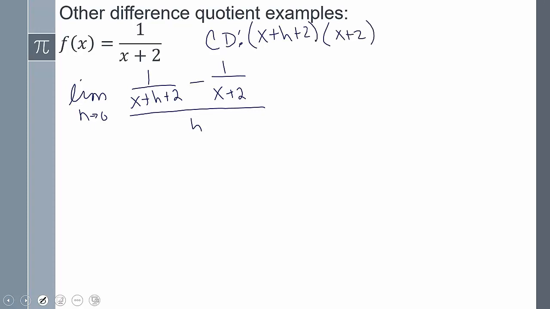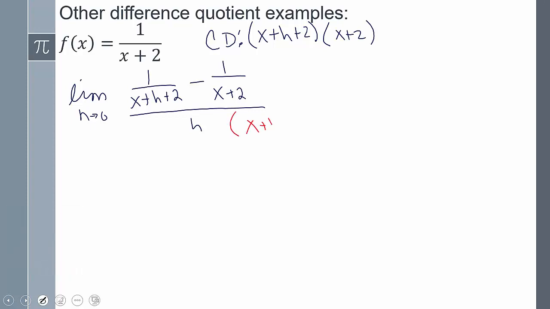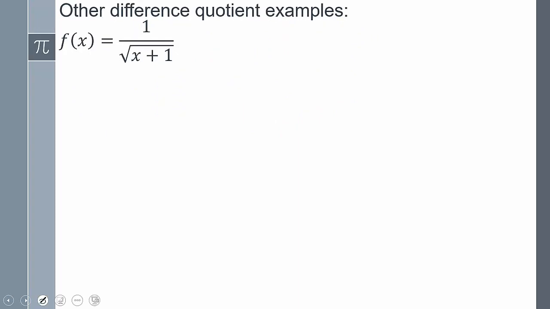You're going to multiply every single term by that. You're going to multiply the bottom by x plus h plus 2 times x plus 2, this by x plus h plus 2 times x plus 2, and this by x plus h plus 2 times x plus 2. So you multiply every term by that. You're going to see things cancel out, and what's left over is going to cancel out with that h.